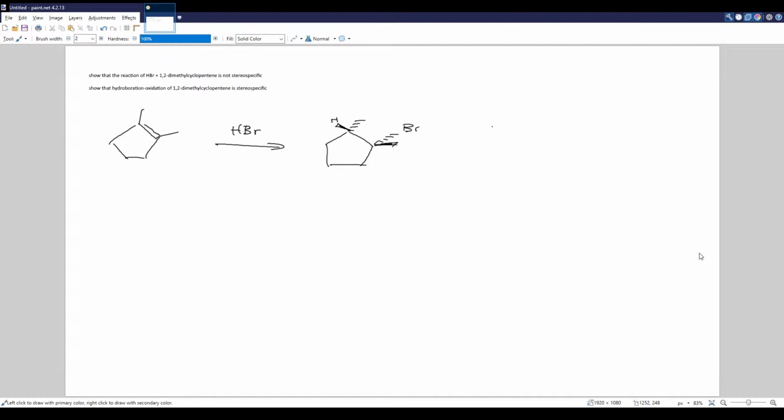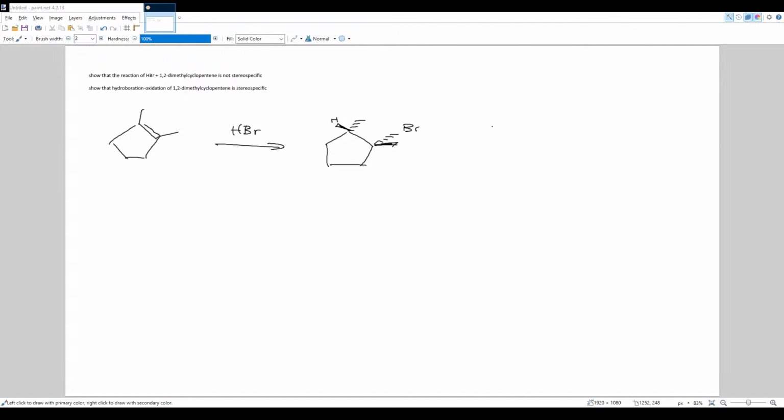Huh. Bromination of alkenes. I forgot exactly how this mechanism is. Is it anti? Yeah, it's gotta be anti, right?